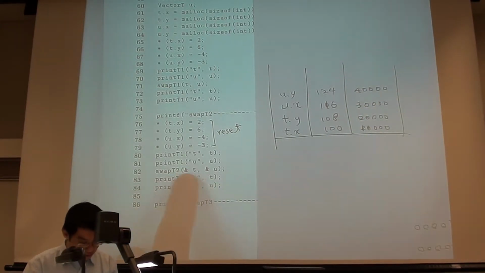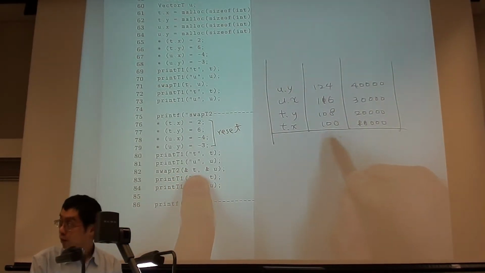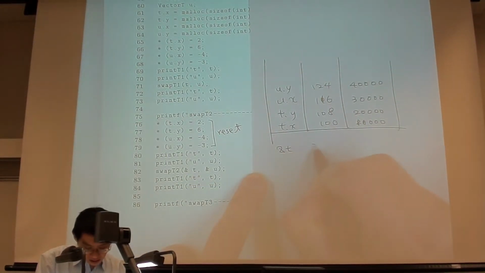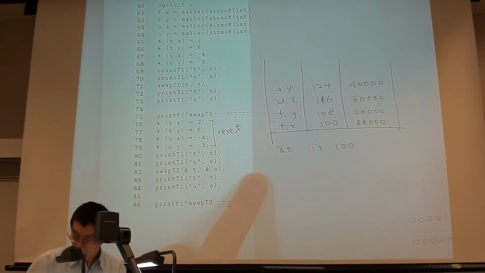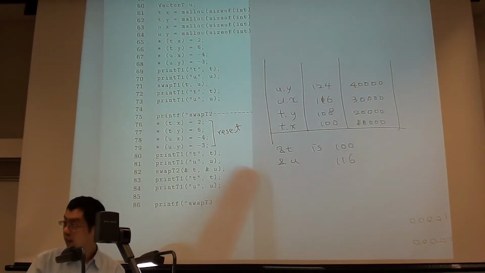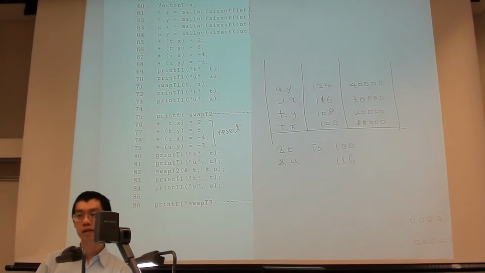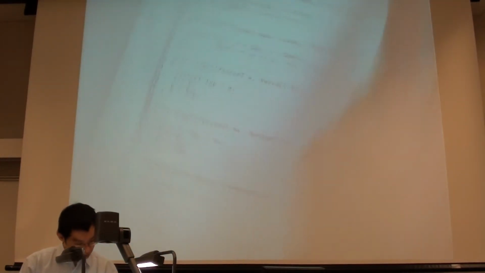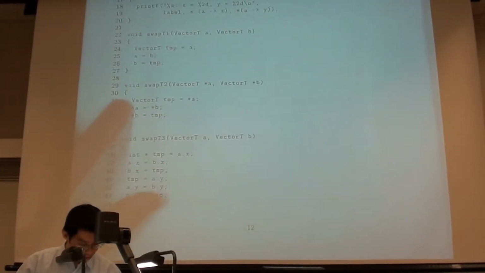Now the address of T is going to be the address of the first attribute. So the address of T is 100. The address of U is 116. It's the address of the first attribute. So I pass the addresses of T and U to swap2. Let's see what's going on in swap2.